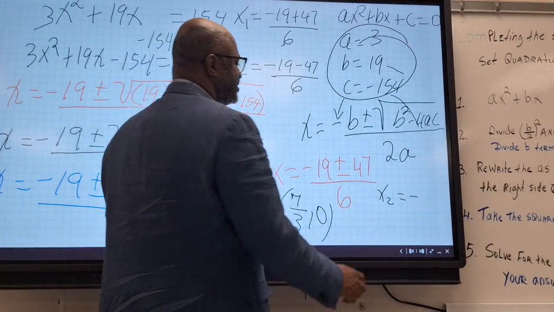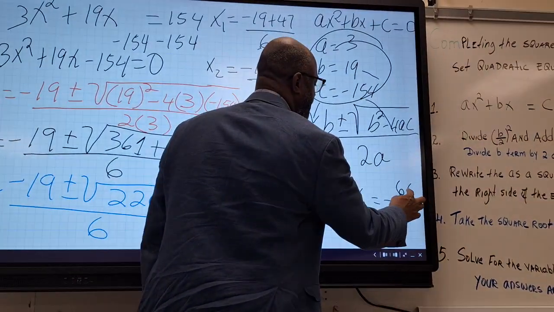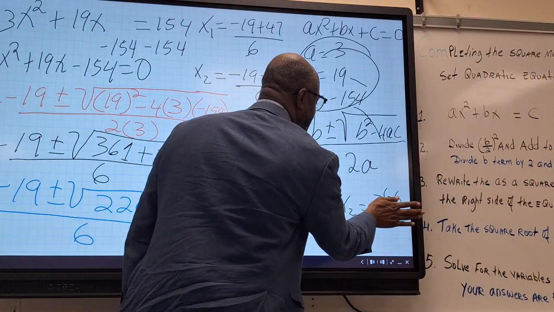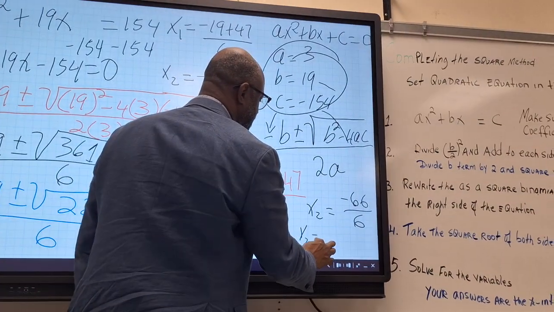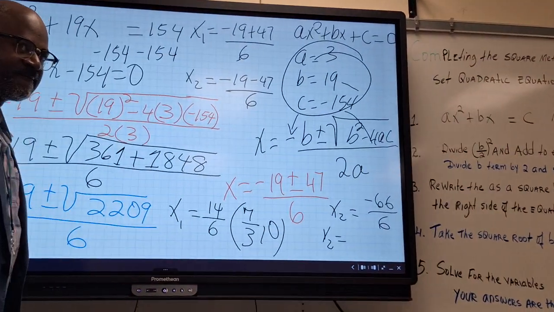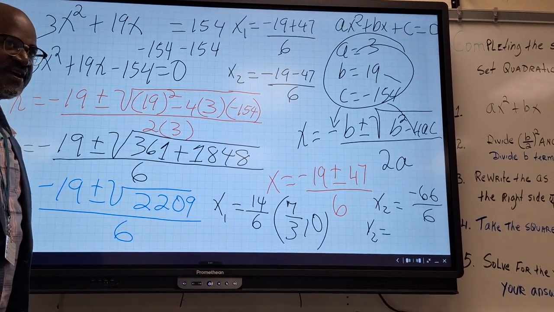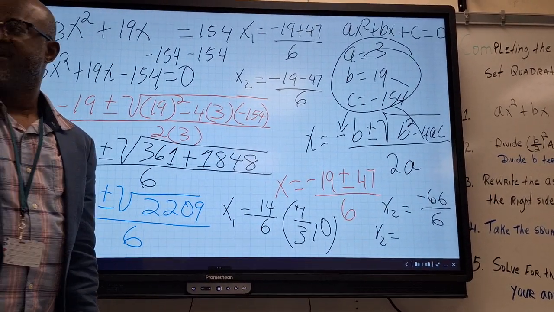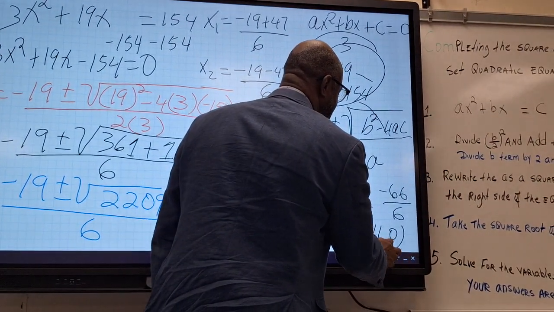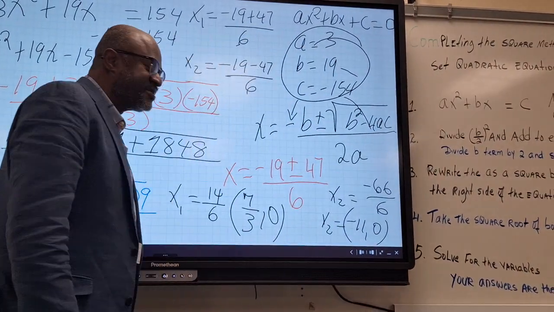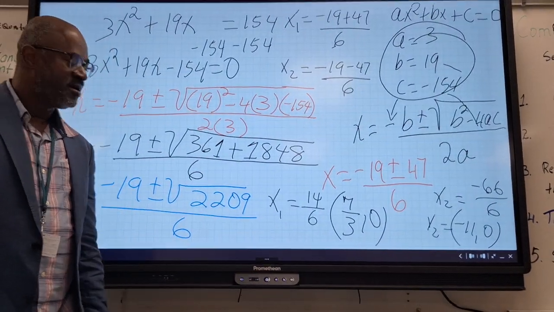Negative 66, and you divide this by 6. What is that? Easy math again. Negative 11. Good for you. Then those are your two x-intercepts. Alright?